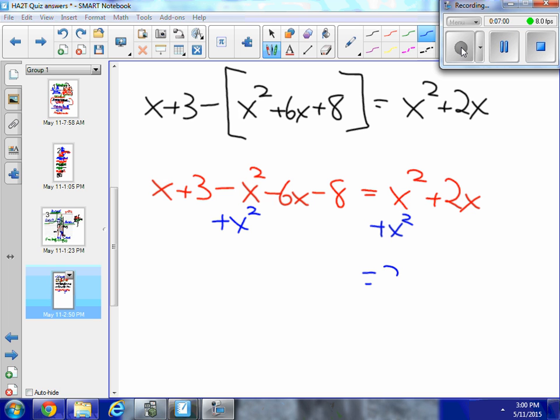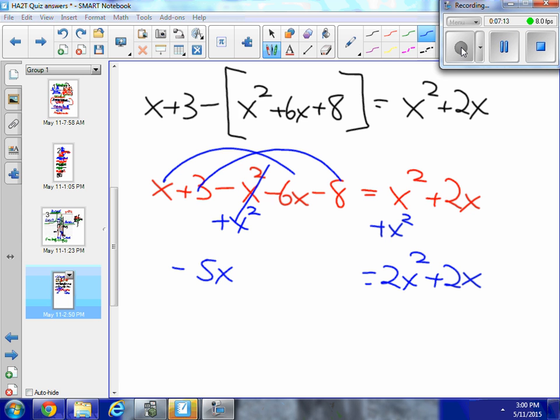I'm going to have now 2x squared plus 2x is equal to, let's combine some of these like terms here, negative 5x minus 5.